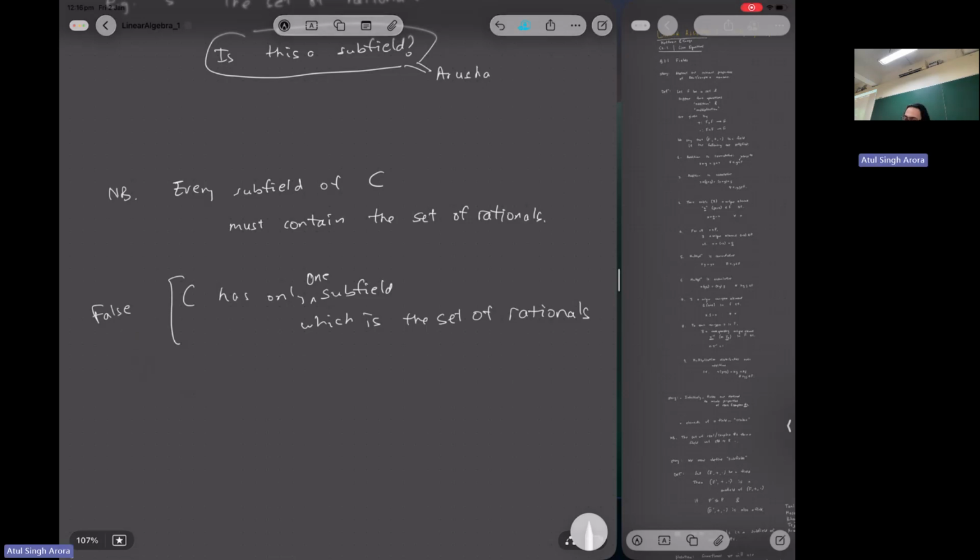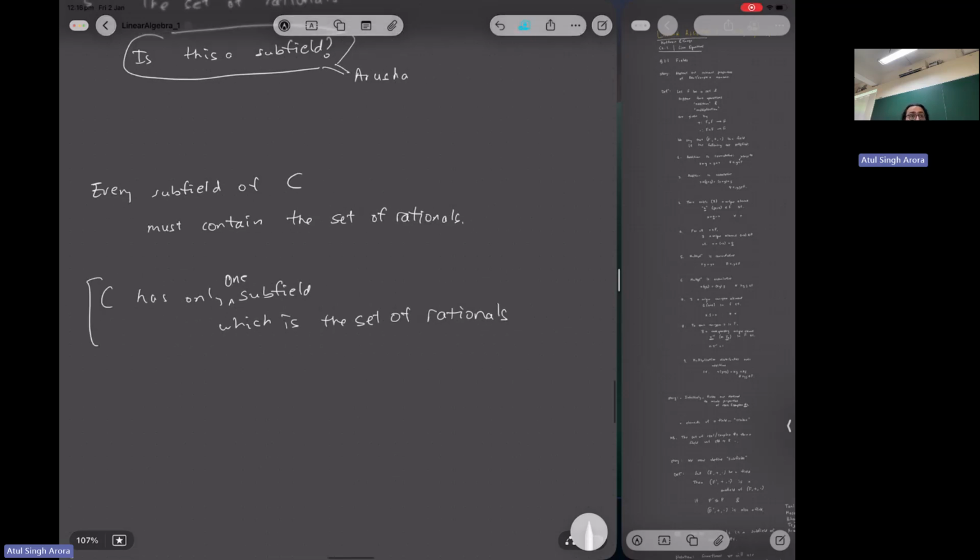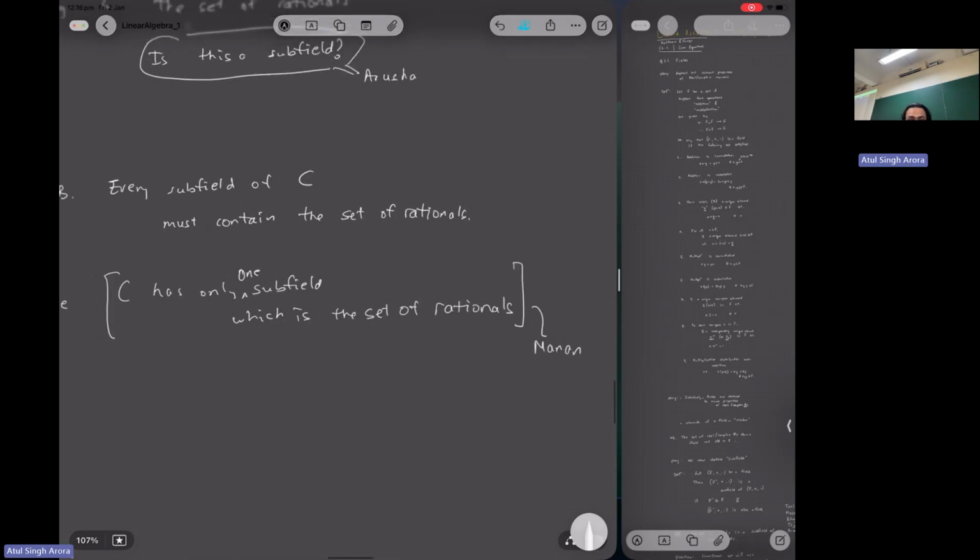I was just trying to clarify what was said by, what was your name again? Manoj. So that's a good point, right? Like you have to be careful about only and all these things in math, right? All it's saying is that whatever subfield you construct of C, it has to at least contain the rationals. That's all it's saying. So it cannot be smaller than the rationals.